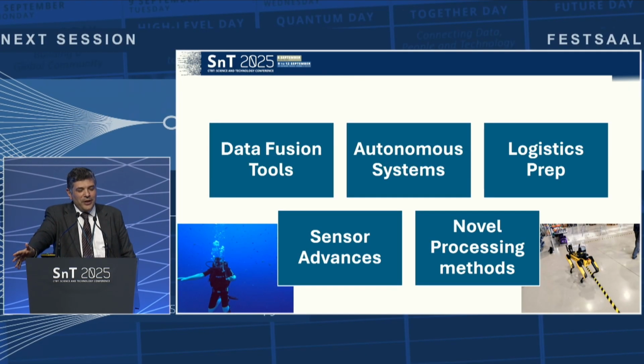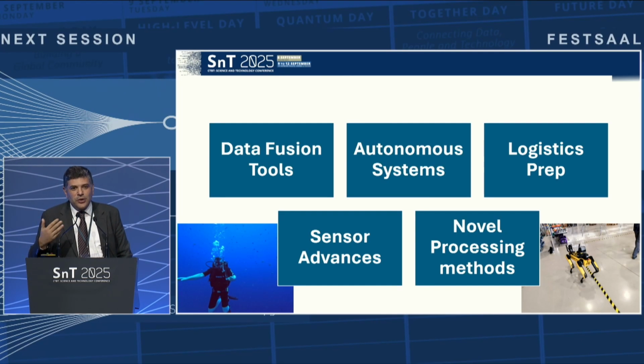There are a lot of new technologies that can address data fusion tools, logistics, sensor advances, novel processing, and autonomous systems. You saw the robotic dog downstairs and how we can use it even for health and safety in areas where we need to be sure that the inspection team could access safely, but also how this could help us to address inspection in differing environments.